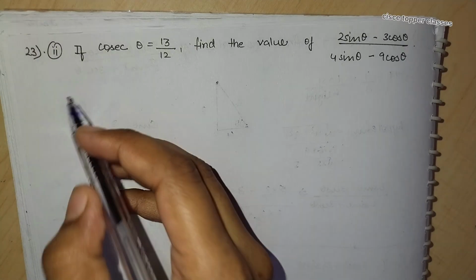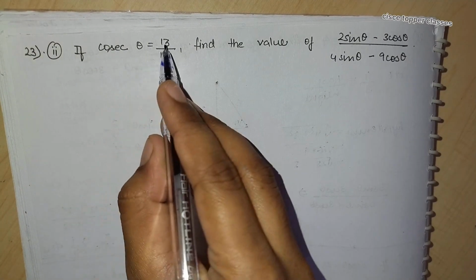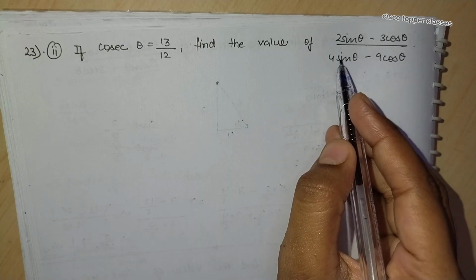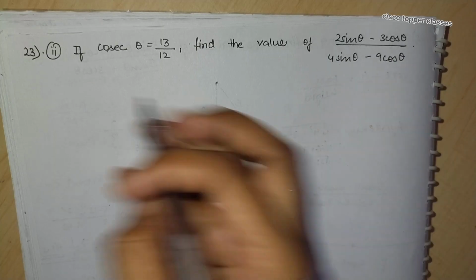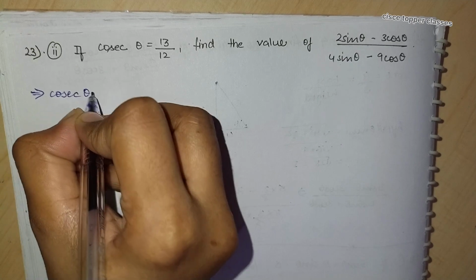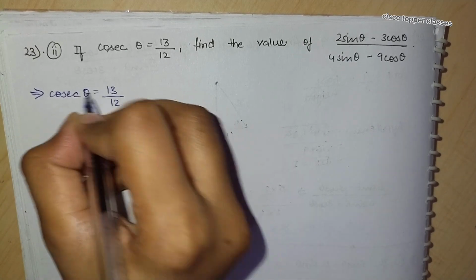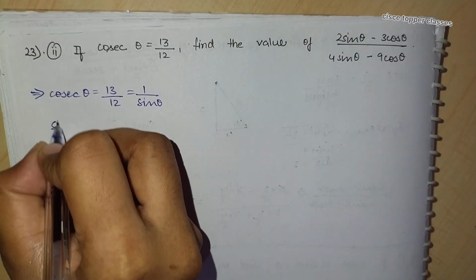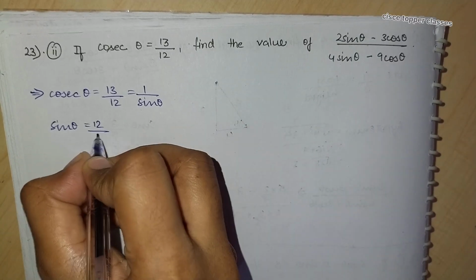Now let us solve the 23rd second part. If cosec theta is 13 by 12, then find the value of 2 sin theta minus 3 cos theta divided by 4 sin theta minus 9 cos theta. Cosec theta is 13 by 12, and we can write cosec theta as 1 by sin theta also. So sin theta will be 12 by 13.